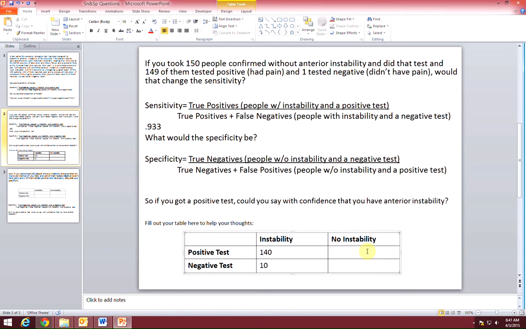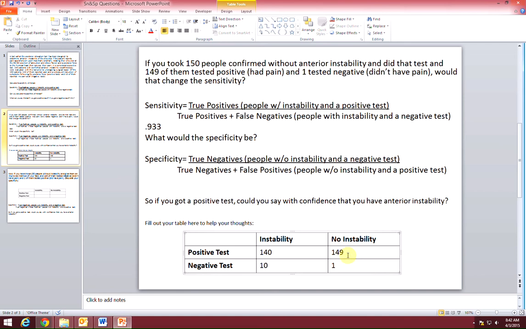So if you have a test that is falsely identifying people with the pathology, so the test is saying that these people have the pathology when they don't, you're going to have a very poorly specific test, because down in your chart you're going to have 149 people with the positive test who don't have instability, and then one person with a negative test who does not have instability.